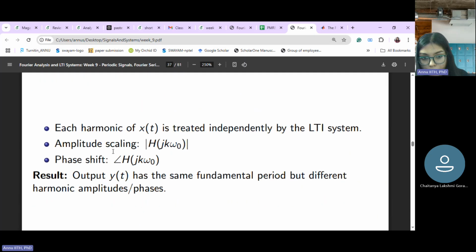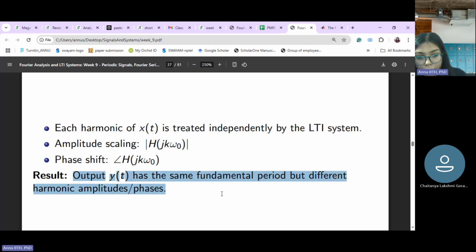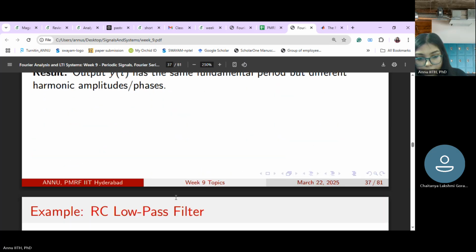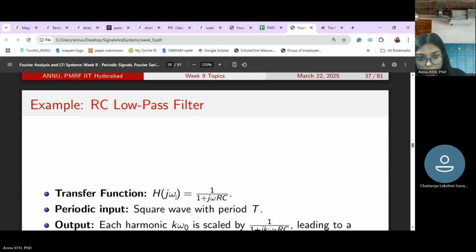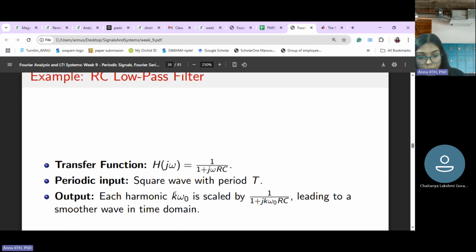So the output y(t) has the same fundamental period but different harmonic amplitudes and phases. This is one example that you can look at.